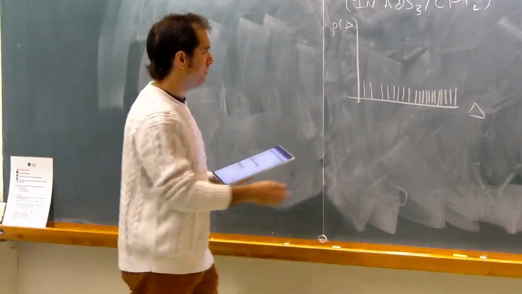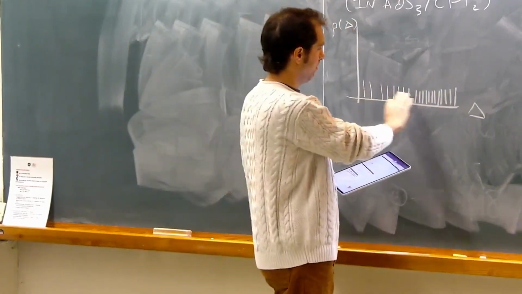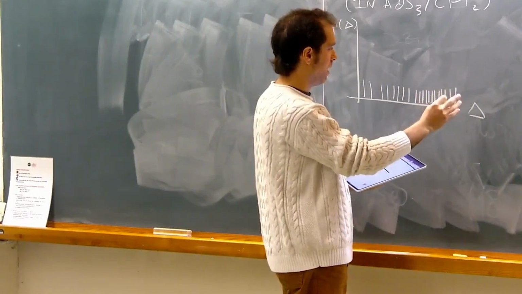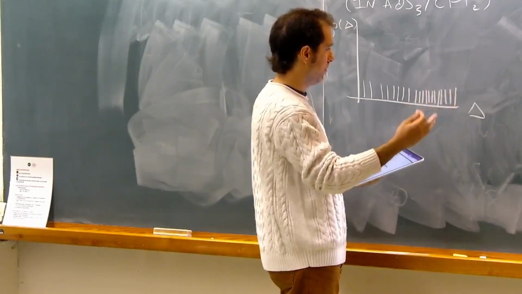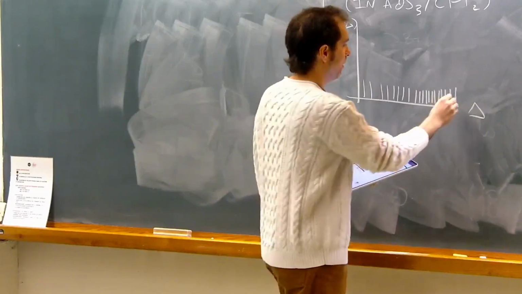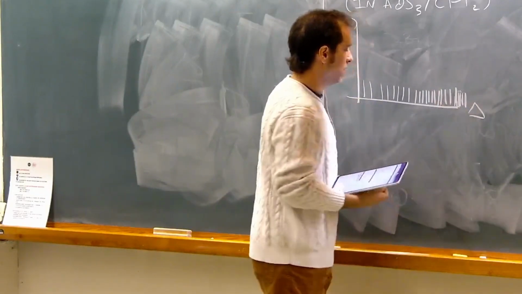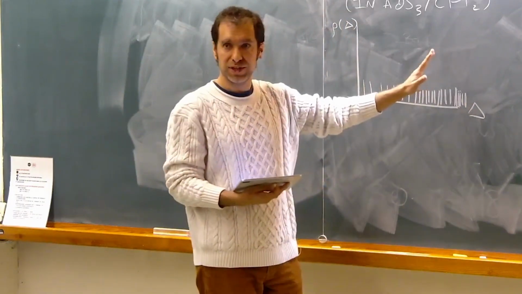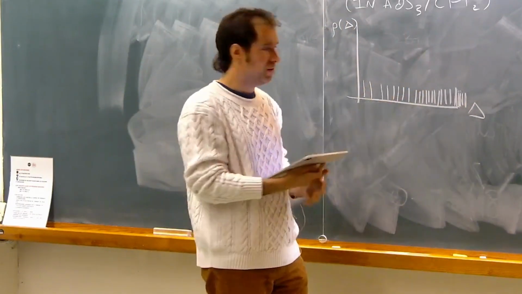Many of us are trying to understand the relationship between discrete spectra in, say, a chaotic CFT, which would be dual to some gravitational theory in ADS, where the chaos of the spectrum really starts to onset in this high energy regime where we're talking about black hole microstates here.